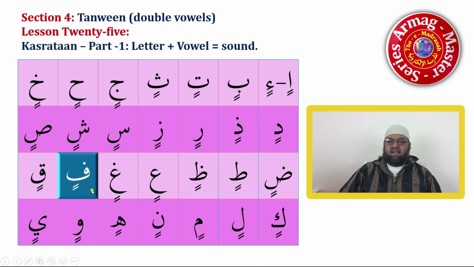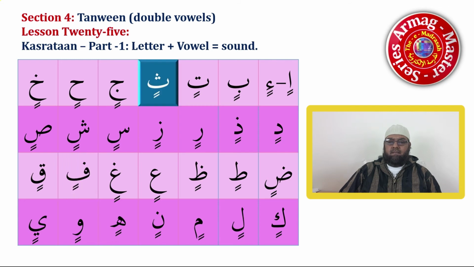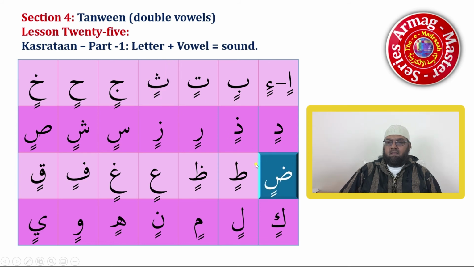The next letter is Tha. And Tha with Kasratan gives us thin. The next letter is Dod. And Dod with Kasratan gives us din.